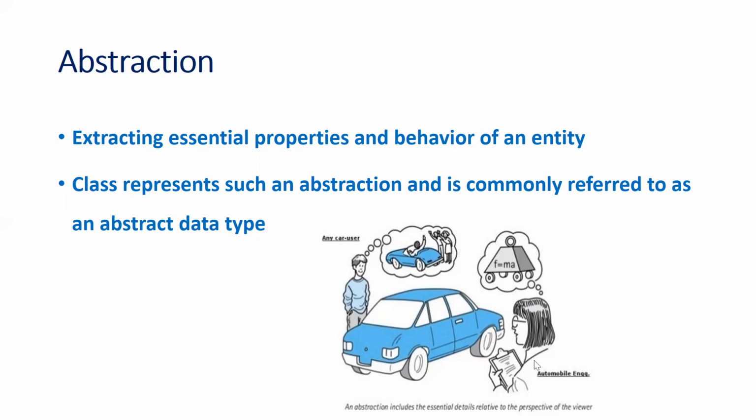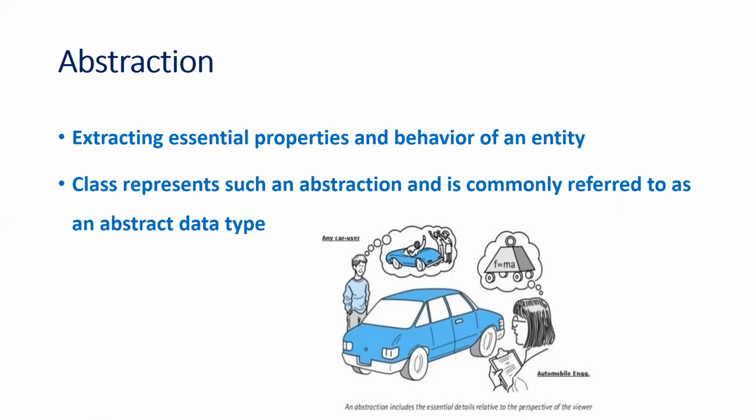But an automobile engineer knows what the physics behind the operation of this car is, and how the car moves. He or she knows that. So the abstract class keeps this information, what kind of user needs what kind of information, separately.